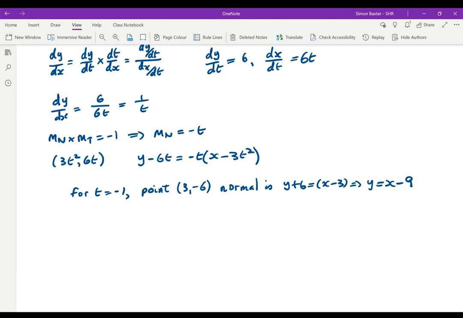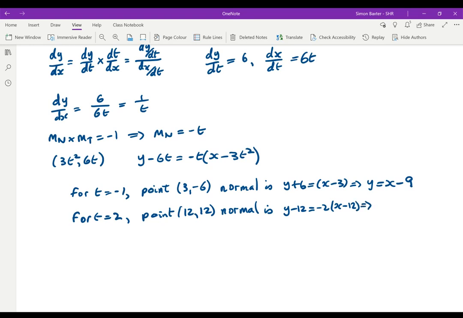If we just happen to know the value of t. Another value of t, let's take t equals 2. If t equals 2, the point that we have is 3t squared, 3 times 2 squared is 12, and 6t, 6 times 2 is 12. And the normal at this point is y minus 6t, that's y minus 12, is minus t, that's minus 2, times x minus 3t squared, which is 12.